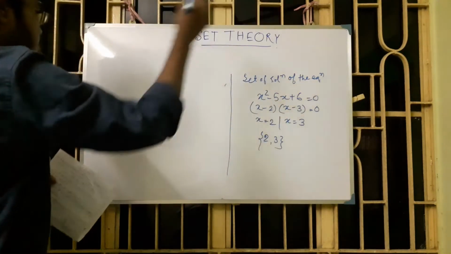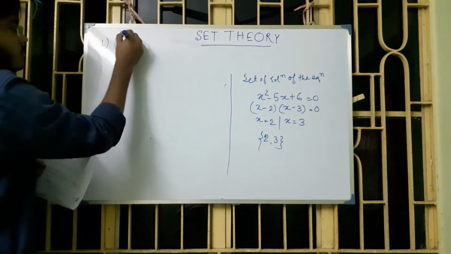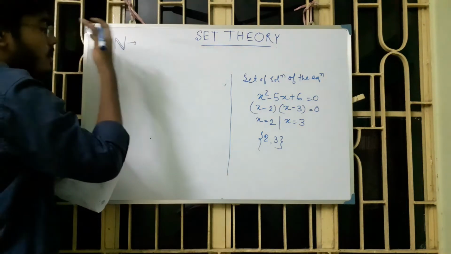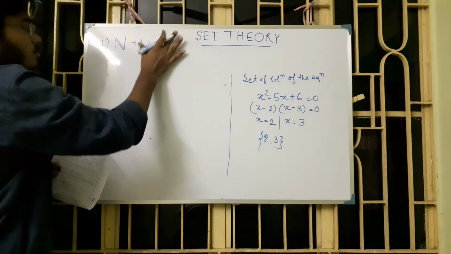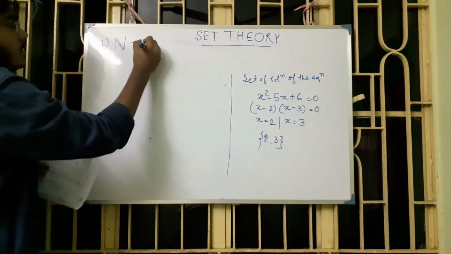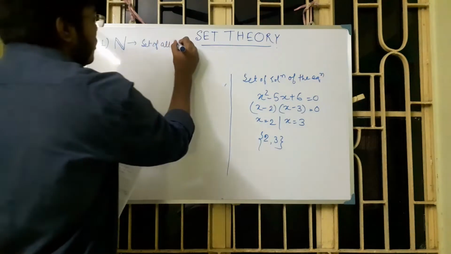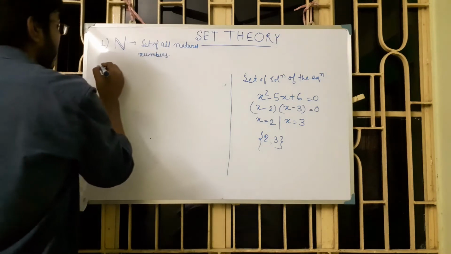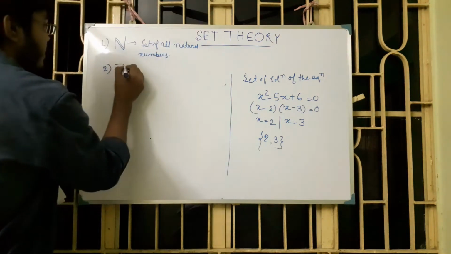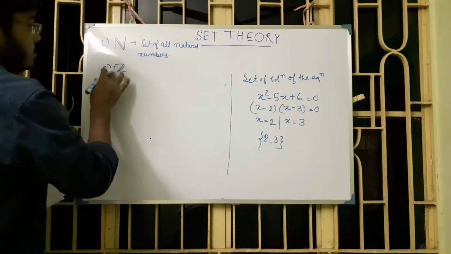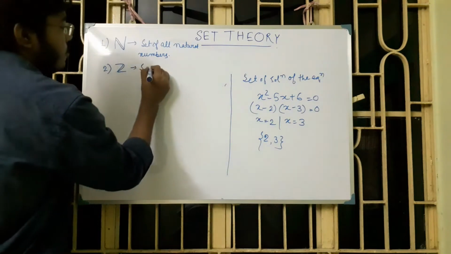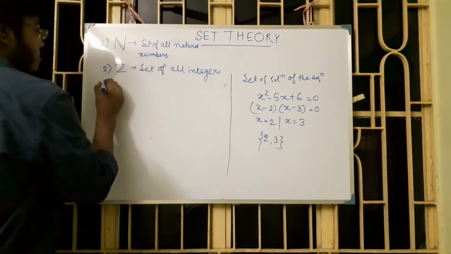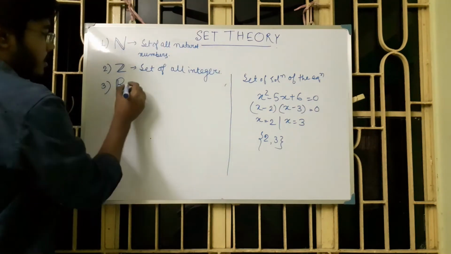Firstly, we define the set of all natural numbers by N. Number 2, Z. This is the set of all integers.